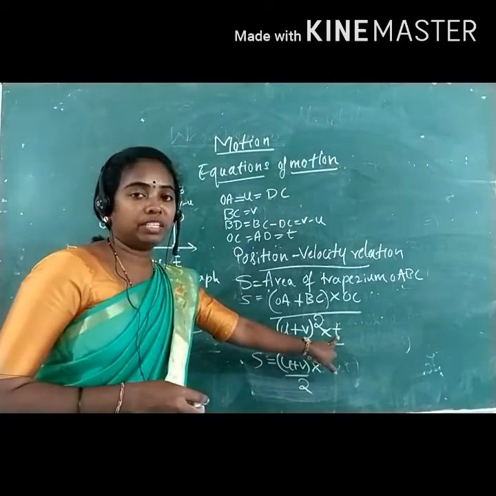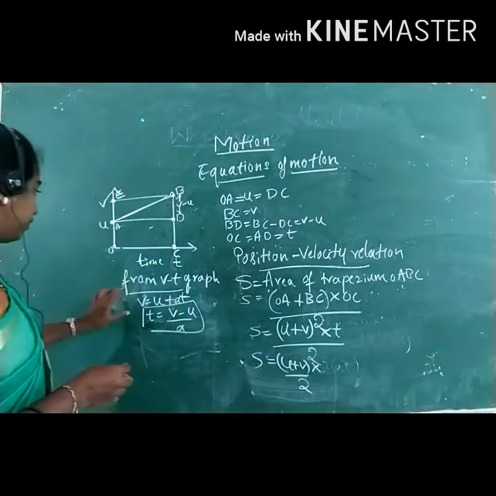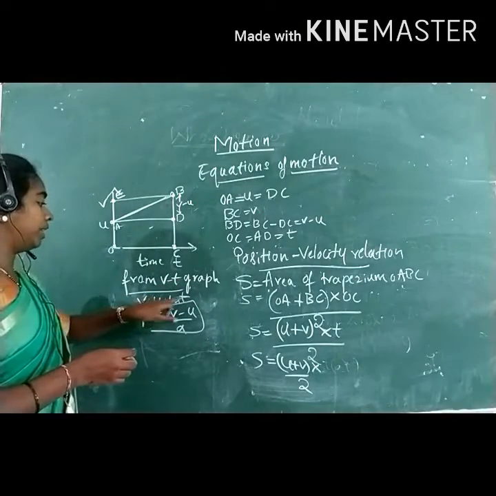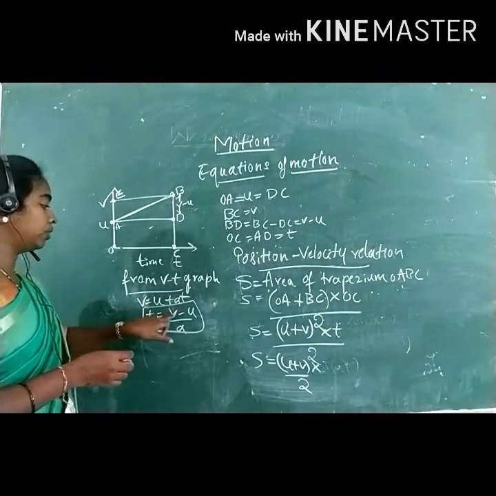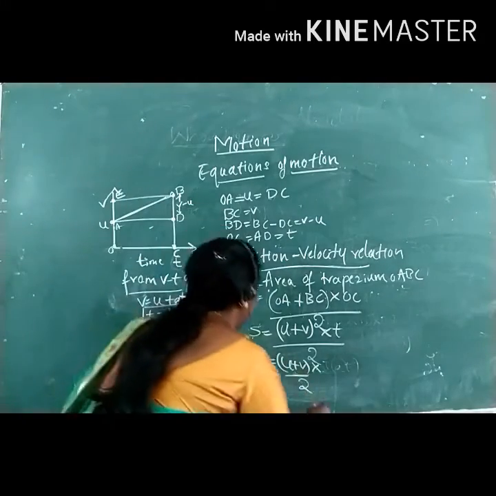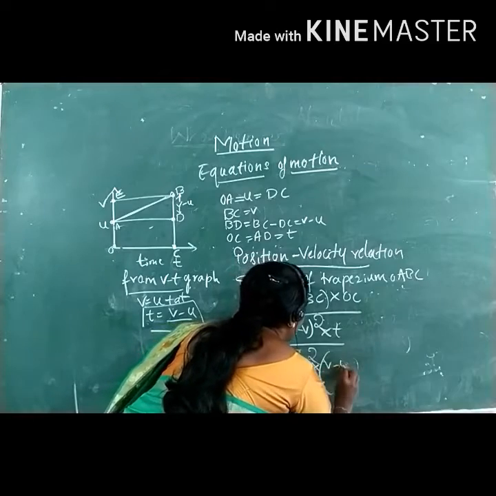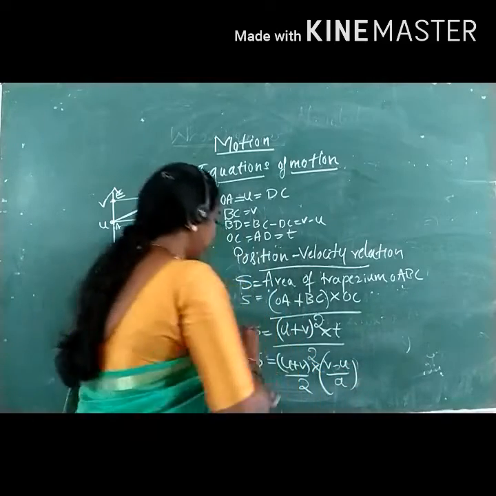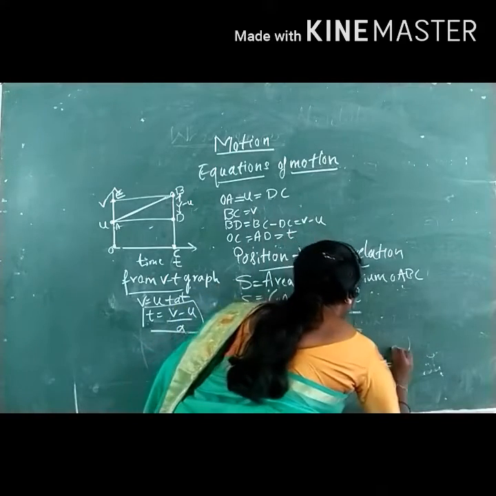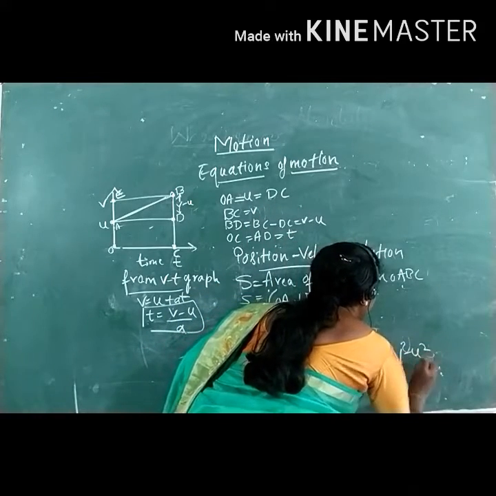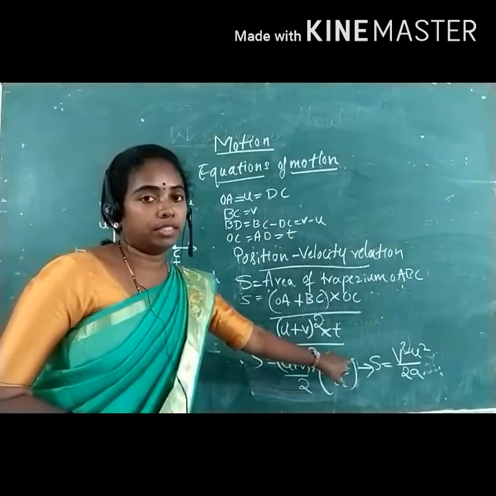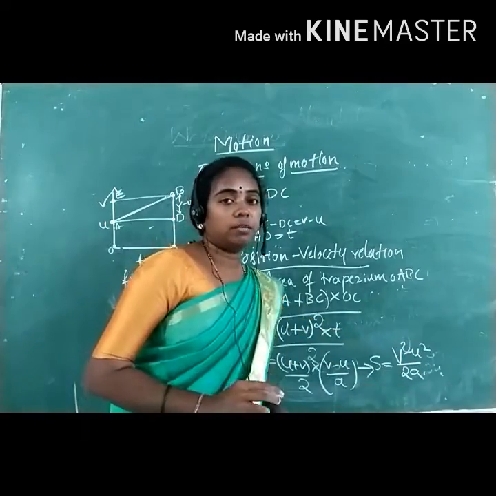We can replace T in terms of U and V from the velocity-time graph. V is equal to U plus AT, or T is equal to (V minus U) by A. This is the first equation of motion. So we can write this as (V minus U) by A. Further solving we will get S is equal to (V square minus U square) by 2A, because (A plus B) into (A minus B) gives us A square minus B square.